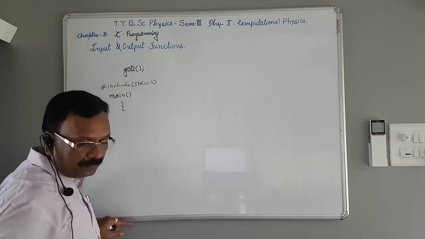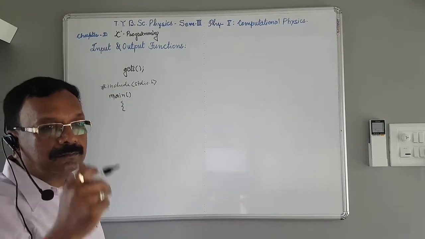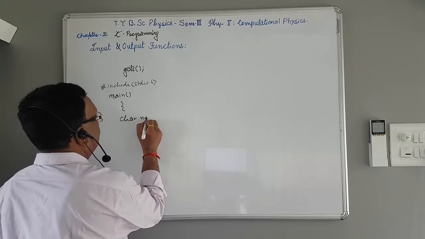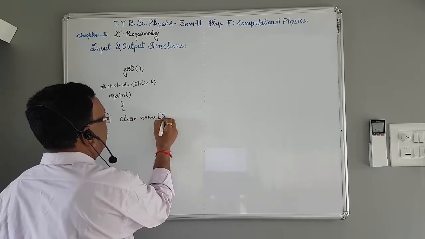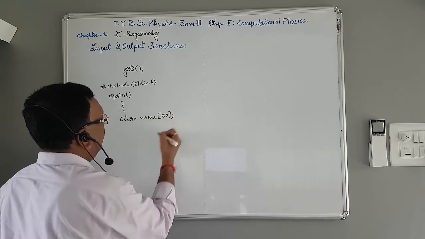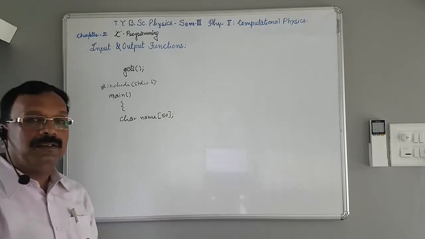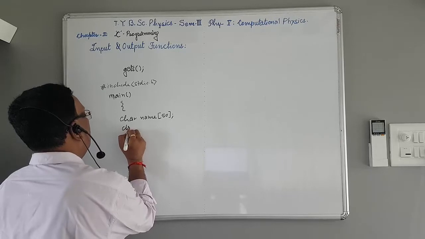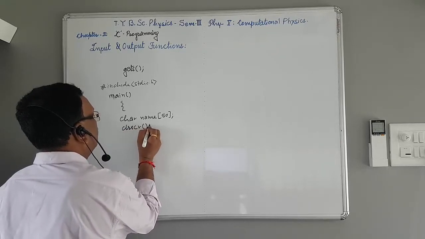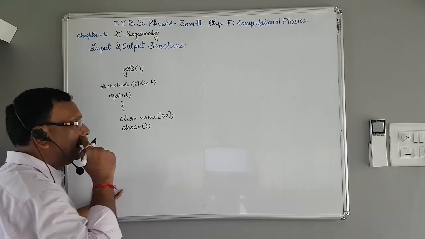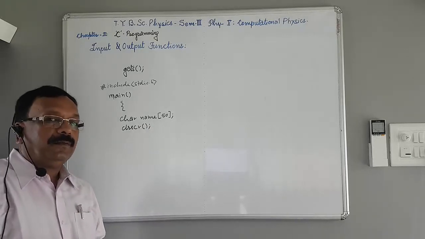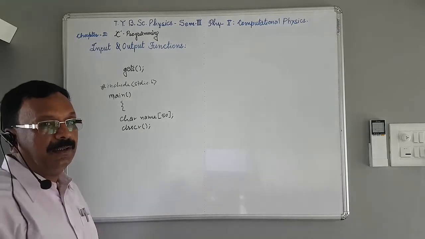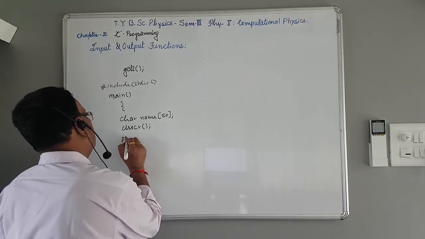Then char name[50]. Through this statement, the user declares the variable. Then clrscr(). This is the clear screen statement, through which the computer clears the screen during every execution.